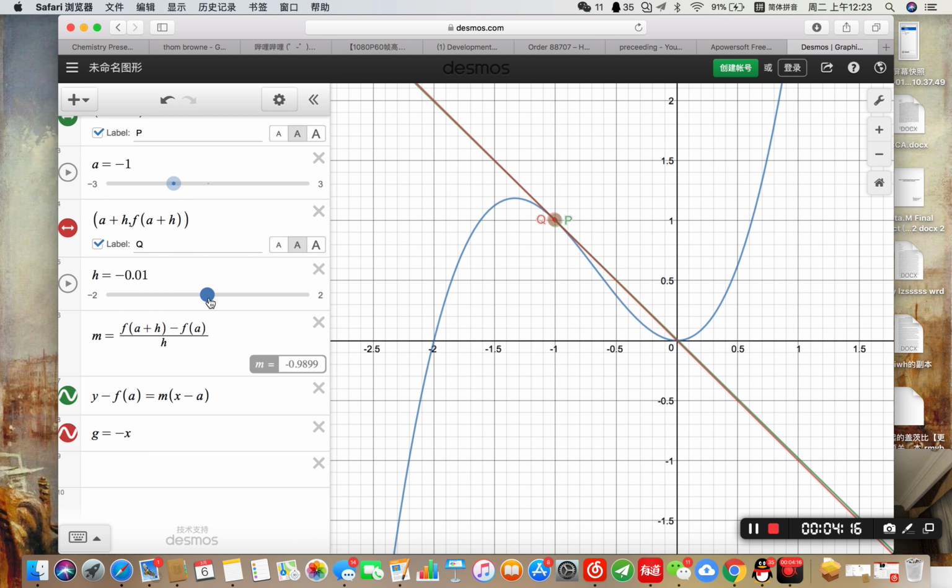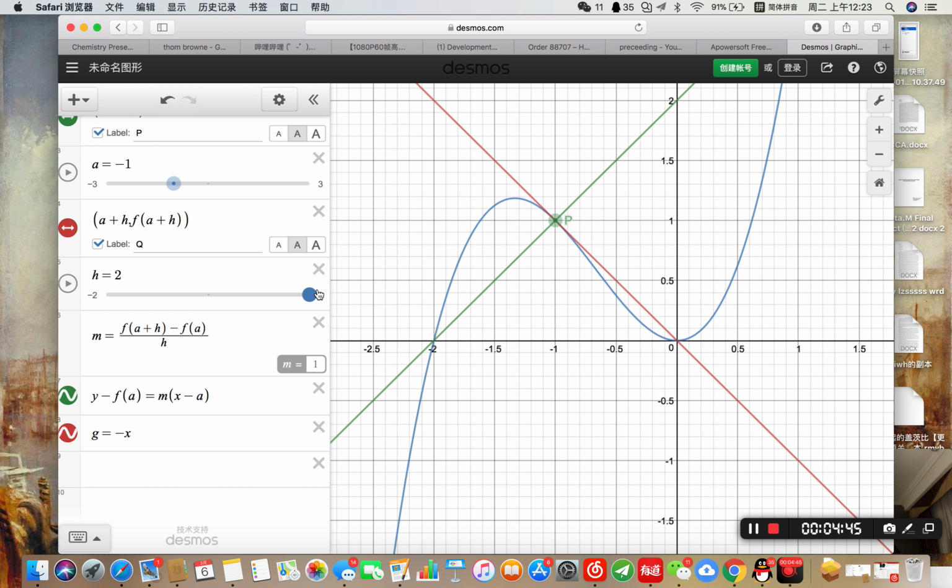And here is the preceding interval, and now we're going to deal with the following interval, which means h is a positive value and the point Q is on the right side of the P point. So h approaches 0 from the positive side. It looks like this.